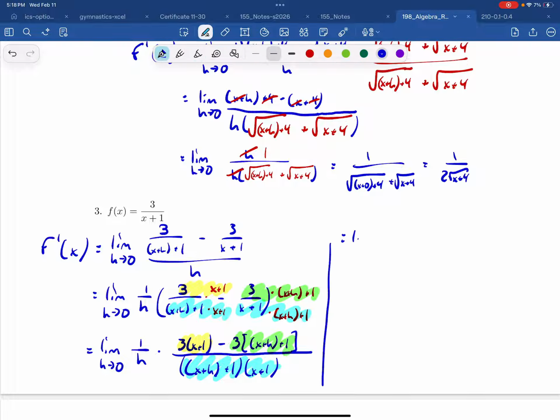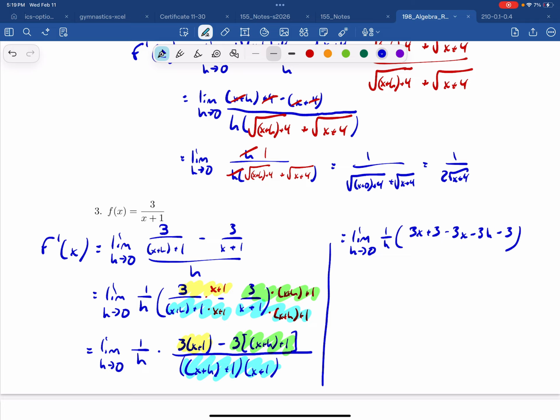This is going to equal the limit as h approaches 0 of, and we're just going to simplify that top, right? We're going to get 1 over h, that's an h, promise, times 3x plus 3 minus 3x minus 3h minus 3.